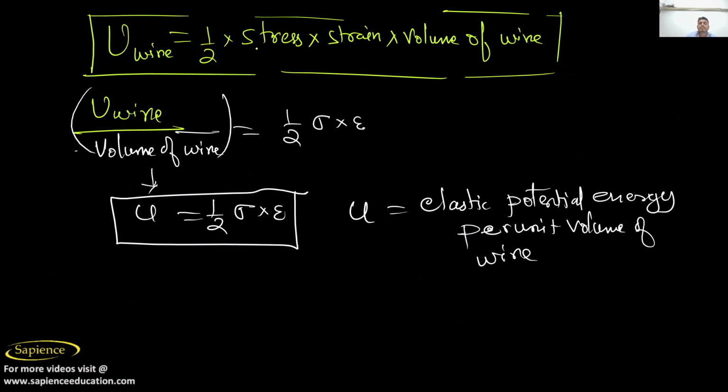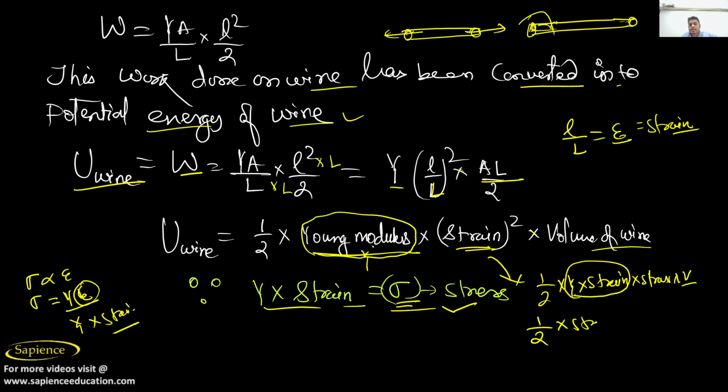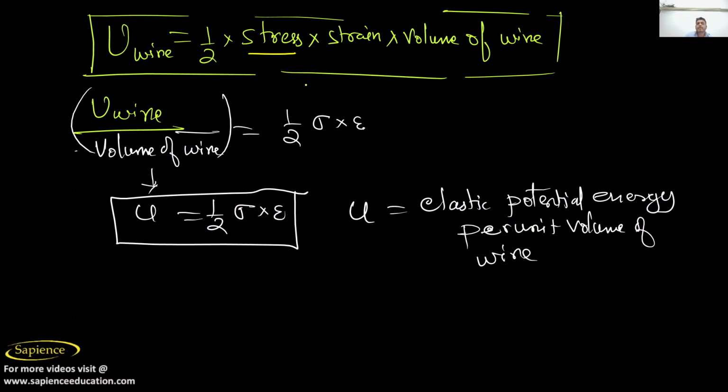Let me again break it down for you: 1 by 2 into Young modulus of elasticity into strain whole square means strain into strain, into volume of the wire. So strain into Young modulus of elasticity is known as stress, just as I have shown you by derivation. So in place of this, we can write it half into stress of the material into strain of the material into volume of the material.